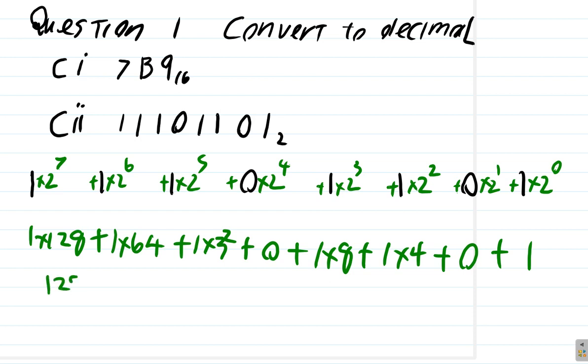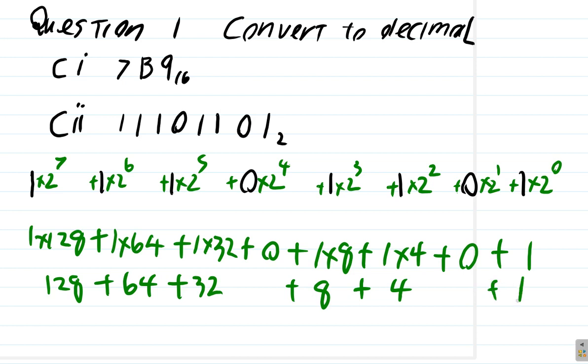So this is 128 plus 64 plus, oh, this one should be 32 now. It kind of looks like 332. It's 32. So plus 32 plus 8 ones 8 plus 4 ones 4 plus 1.